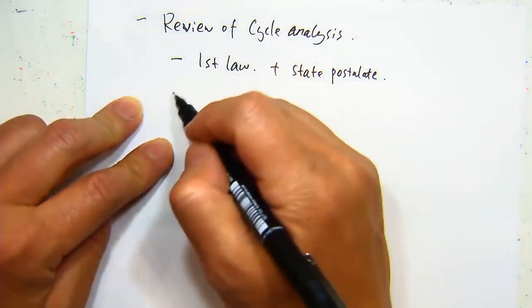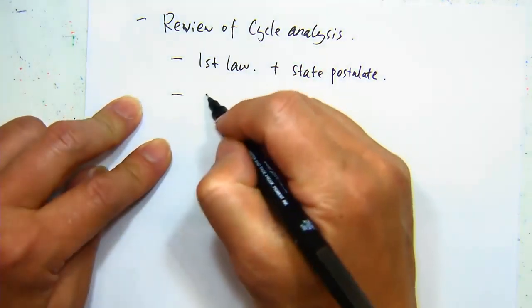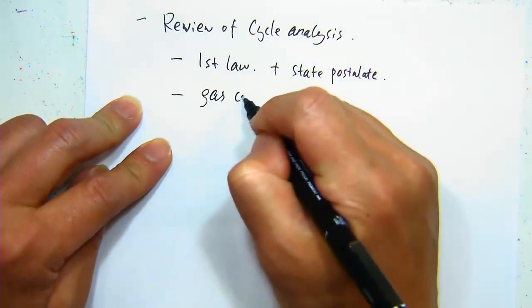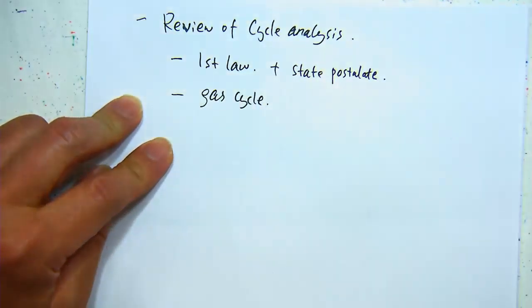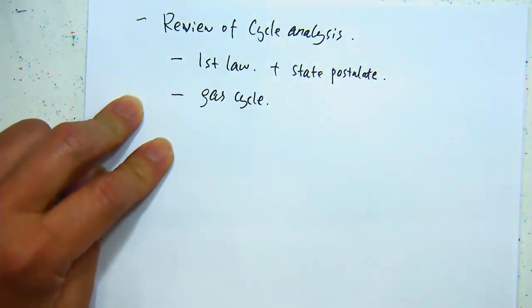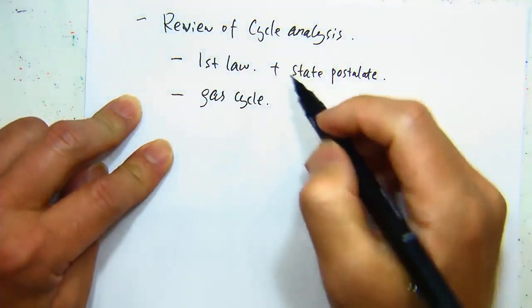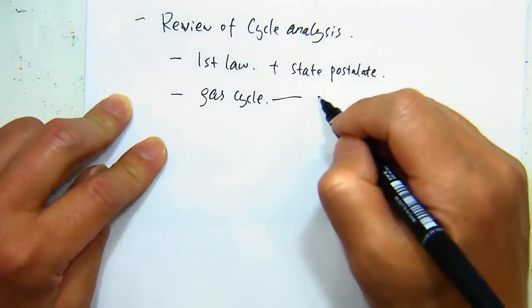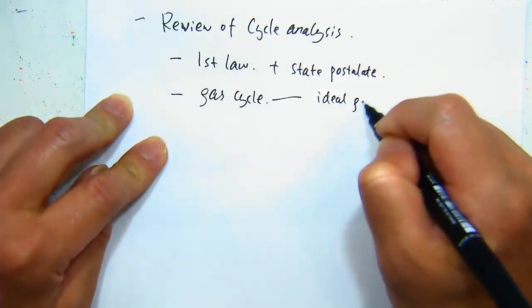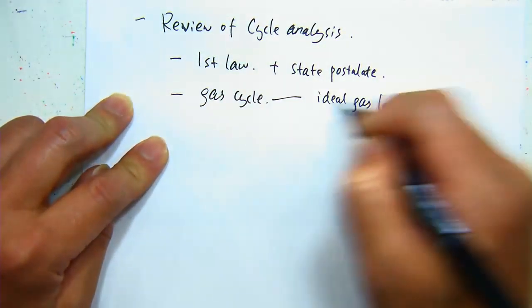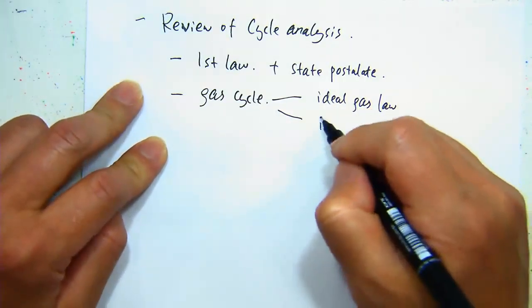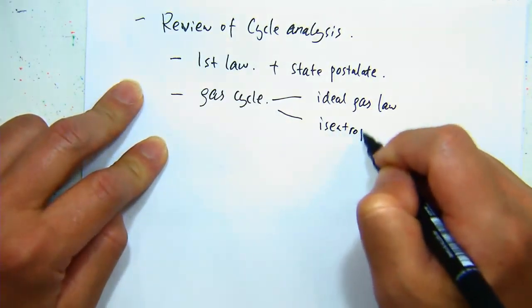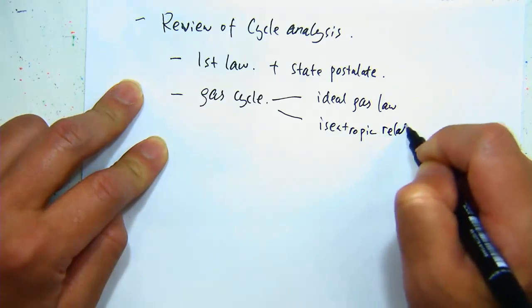Other than that, when we're dealing with gas cycles, a gas cycle is called a gas cycle because the working fluid is an ideal gas, and we have additional tools to solve the problem: the ideal gas law and the isentropic relation.